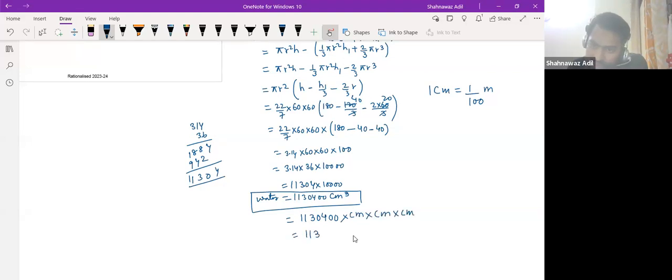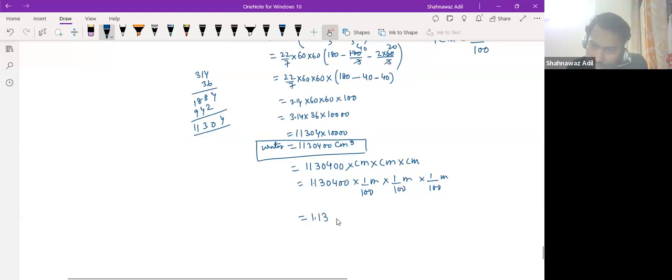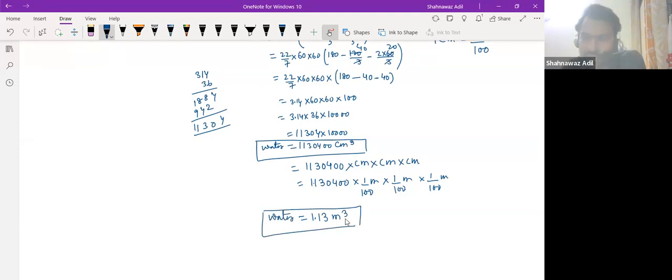So 1130400, 1 by 100 meter, 1 by 100 meter, 1 by 100 meter. So 1, 2, 3, 4, 5, 6 places. So this would be 1.13 meter cube. This would be the amount of water in the cylinder. Right, guys? So this answer is also correct.